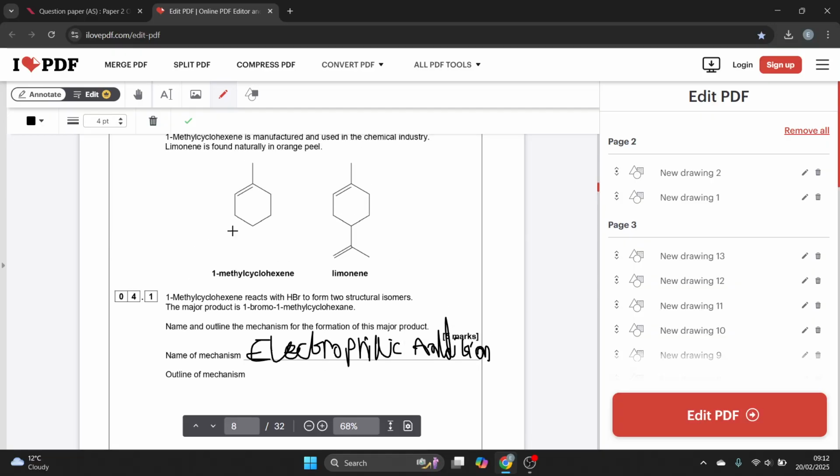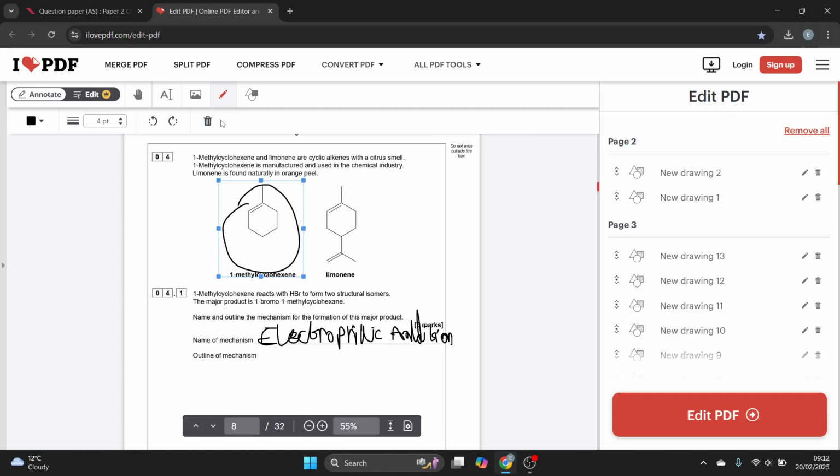And it tells me this reacts with HBr to form 2 structural isomers. Major product is that. Name and outline the mechanism for the major product.